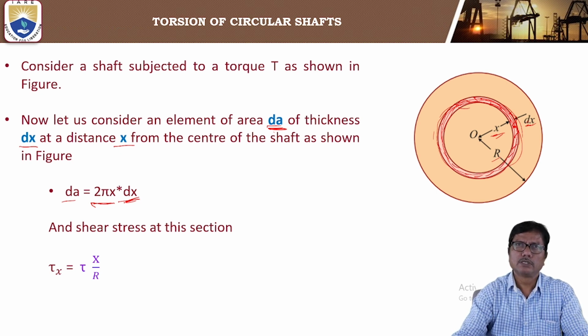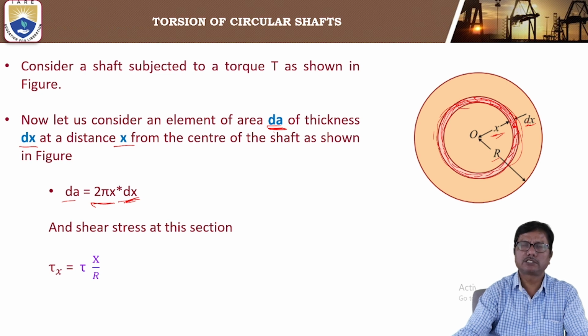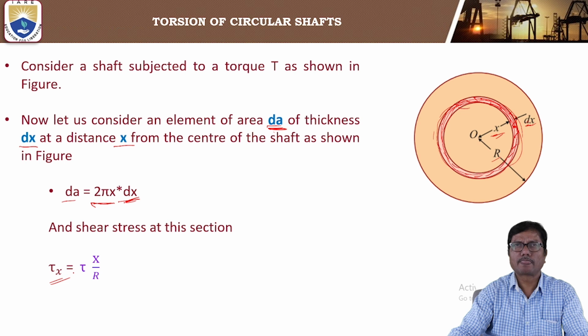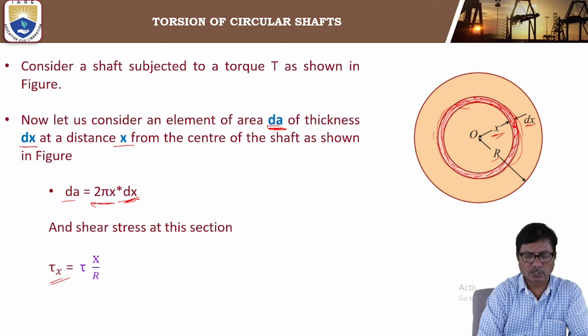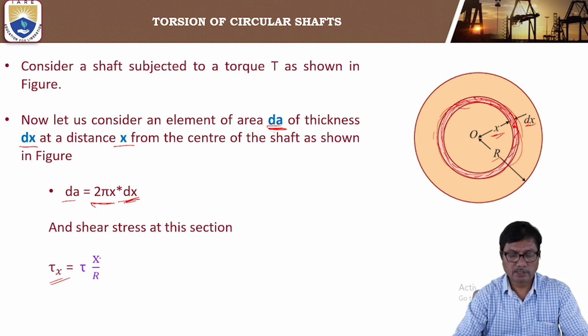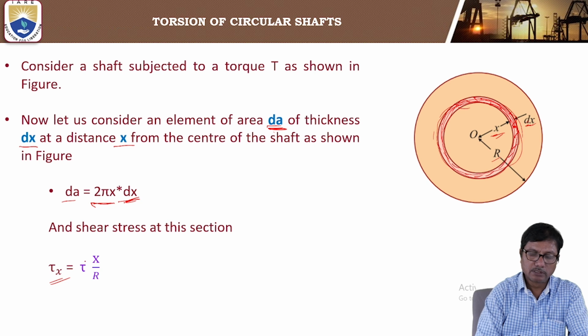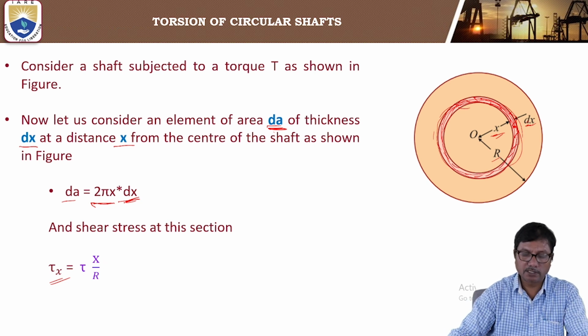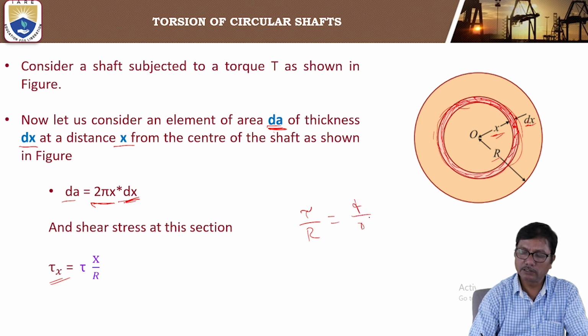The shear stress at this section, at a distance x, is represented as tau x, which is given by tau into x by R, because from the previous relation we have seen tau by R equal to q by r.